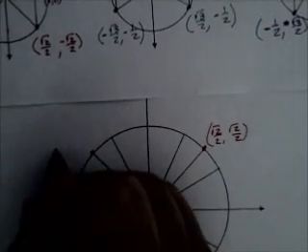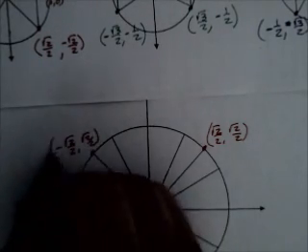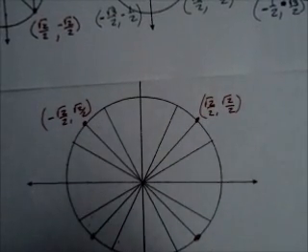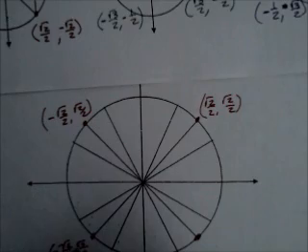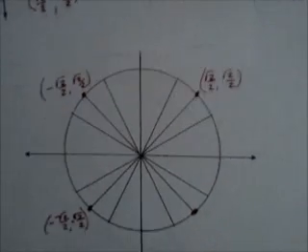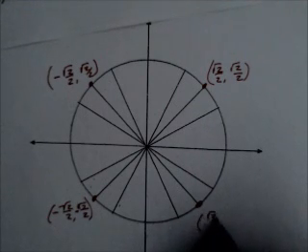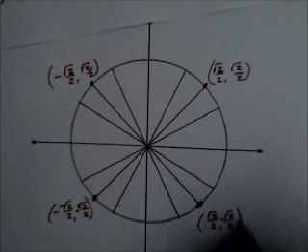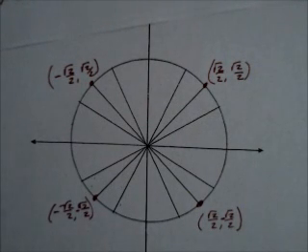In quadrant 2, negative square root of 2 over 2, comma, square root of 2 over 2. Quadrant 3, negative square root of 2 over 2, negative square root of 2 over 2. Both are negative. And in quadrant 4, square root of 2 over 2, comma, negative square root of 2 over 2. The y value is negative, so put the sign in there.